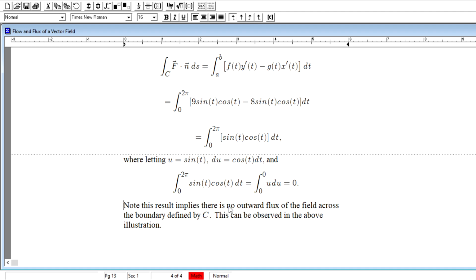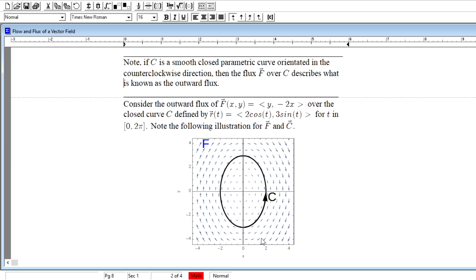Note, this result implies there is no outward flux of the field F bar across the boundary defined by C. And actually, if we go back and take note of that illustration, we should be able to see that. Curve C moves in this direction, field F cycles around in this direction.